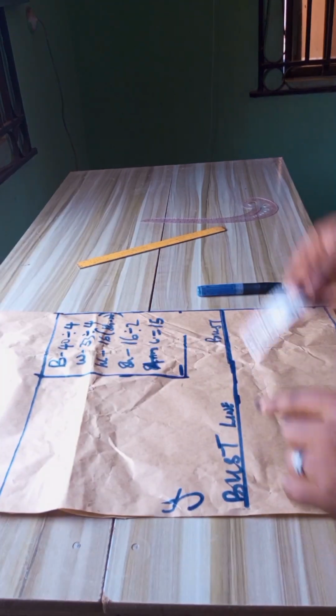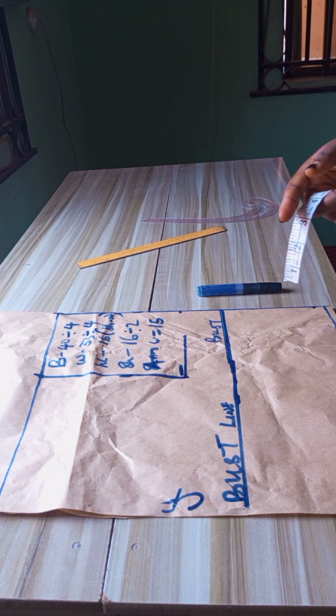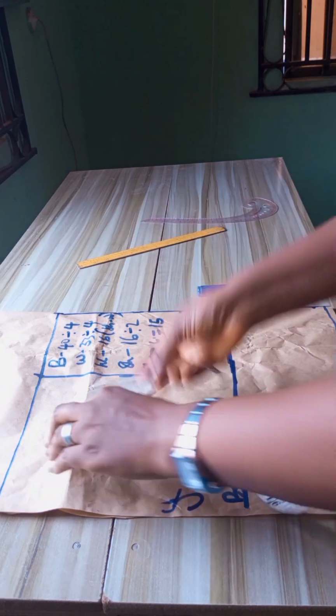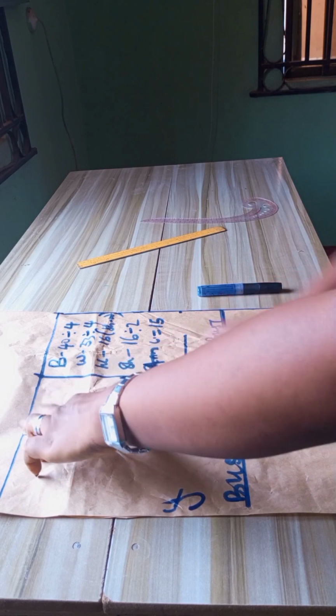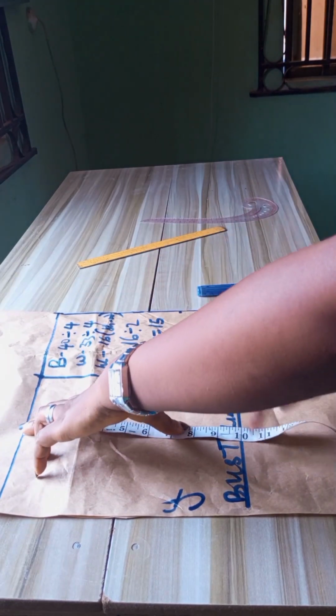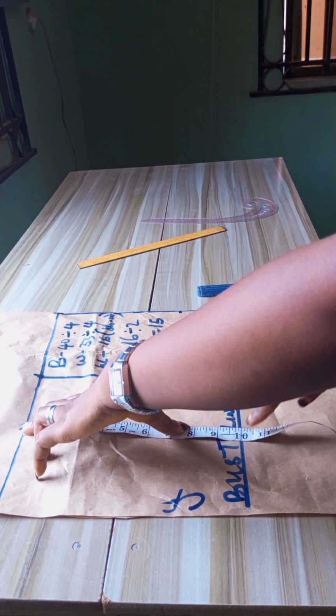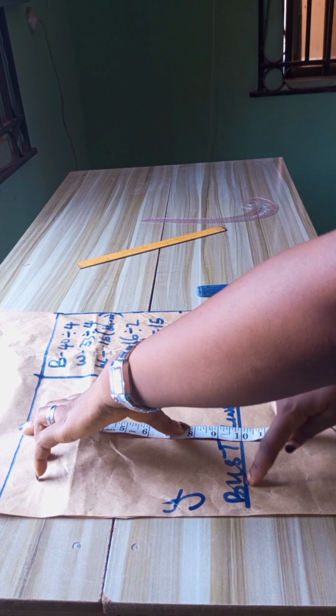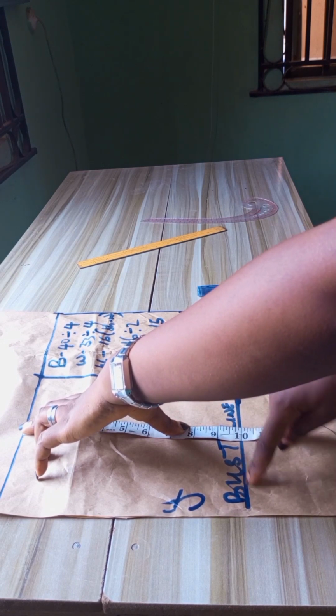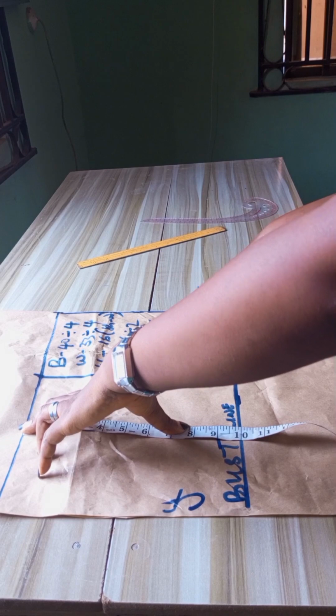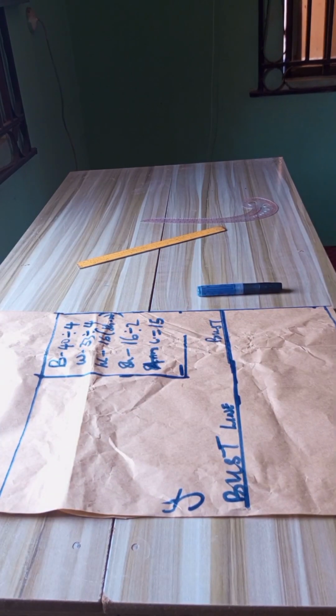Put your tape rule at the shoulder line to your bust apex, and whatever measurement you get, you mark it. This one is 10 inches. So you will rule the line. That is where you're going to put your bust measurement. I hope you are following.